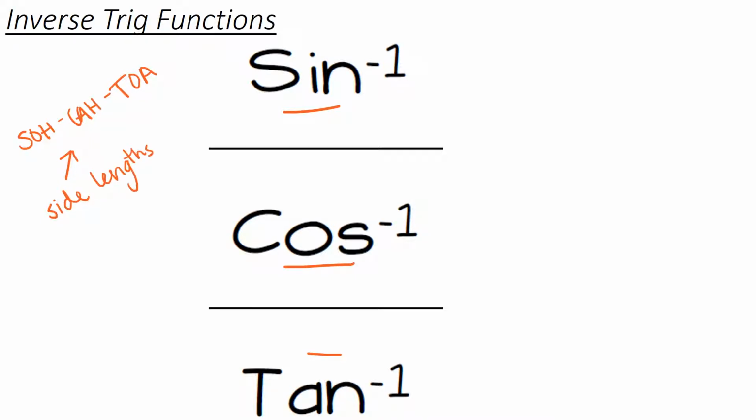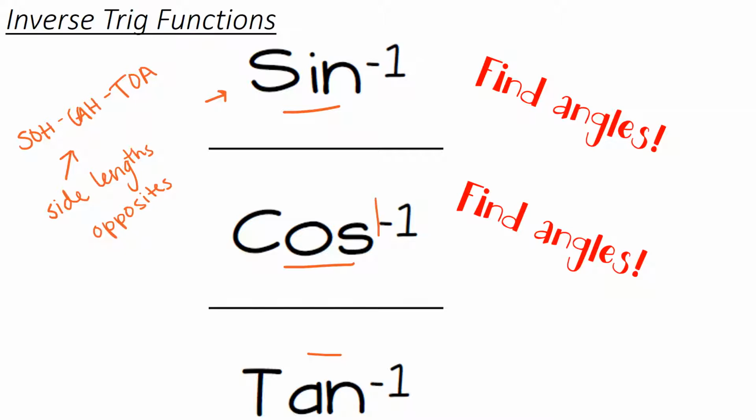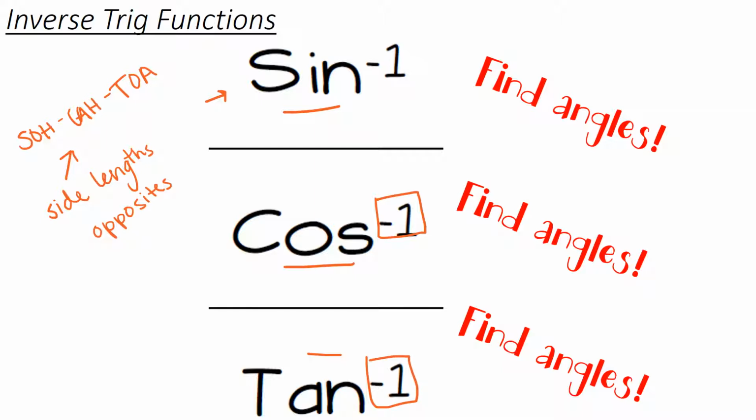If we're doing the opposite of finding side lengths, that means when I'm using sine inverse, cosine inverse, or tangent inverse, I'm finding an angle. We use these inverse functions when we want to find angles. So that's really important to understand.